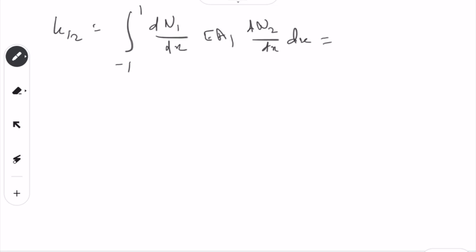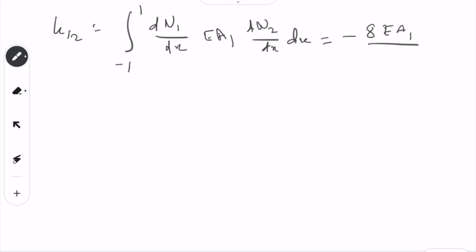This will be EA1 multiplied by minus 8 over 6, so minus 8 EA1 over 6.